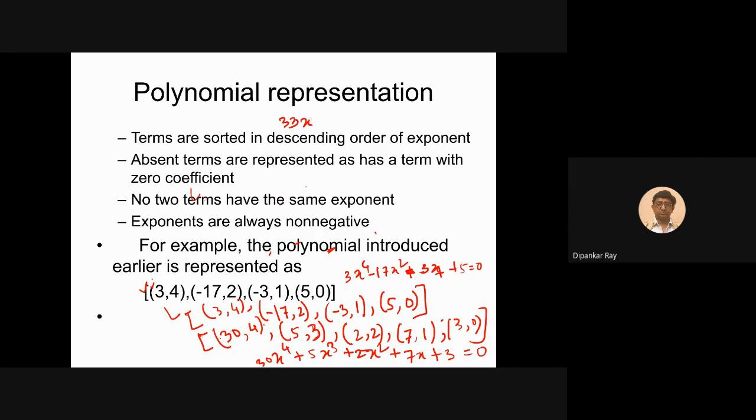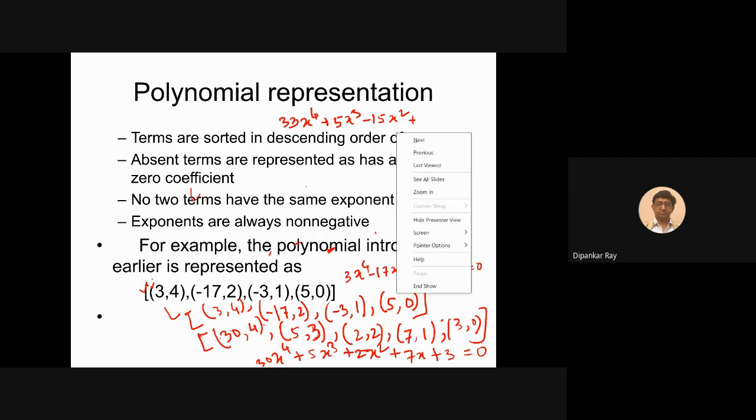If there is a mistake, just mention it to me. We will just take this arbitrarily. Then 5x to the power 3. Then x square: minus 15x square.